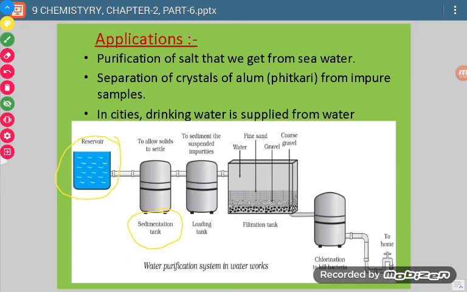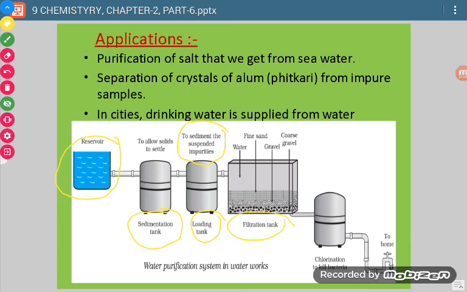Then there may be some suspended impurities, molecules or species which do not settle down but stay in suspended form. In the next tank, which is called the loading tank, those suspended impurities are removed. Then it goes to the filtration tank.